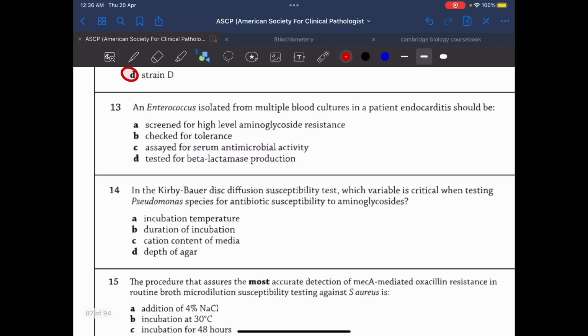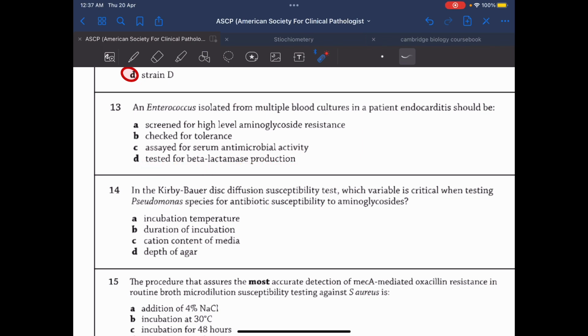Question number 13. An enterococcus isolated from multiple blood cultures in a patient with endocarditis should be screened for high-level aminoglycoside resistance, checked for tolerance, assayed for serum antimicrobial activity, or tested for beta-lactamase production.